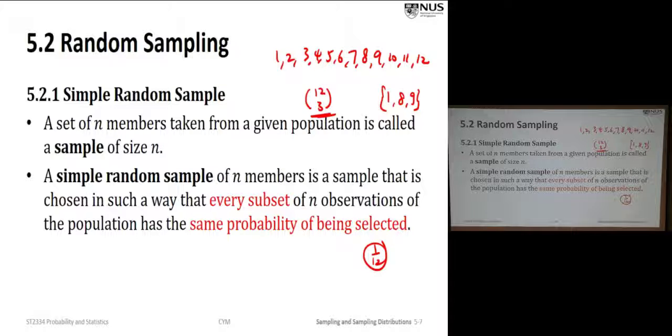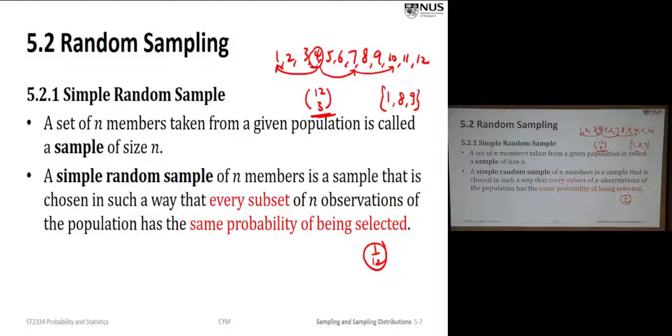Now, if I decide that I'm going to select the sample in the following way. I want to select 3, right? So once I get a number, let's say 4, then I will take all the elements according to this range.